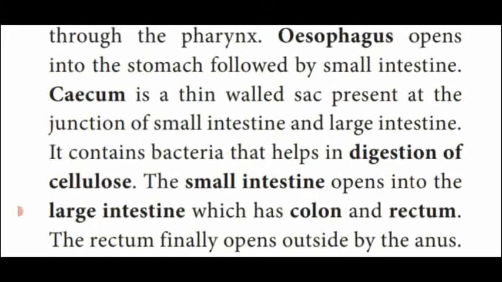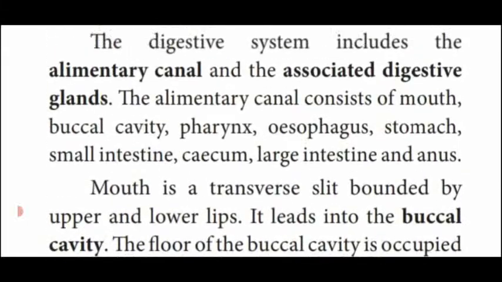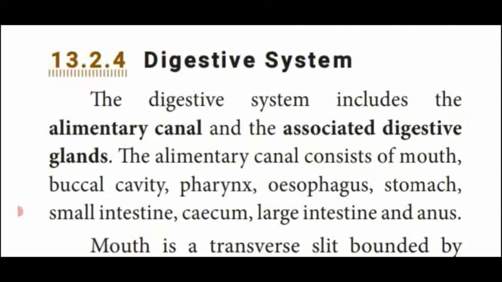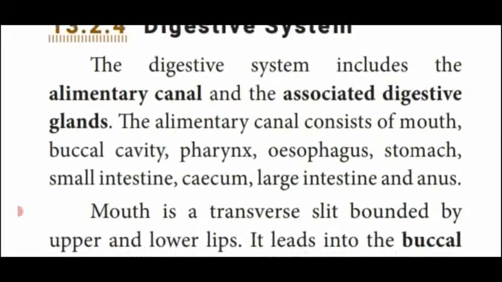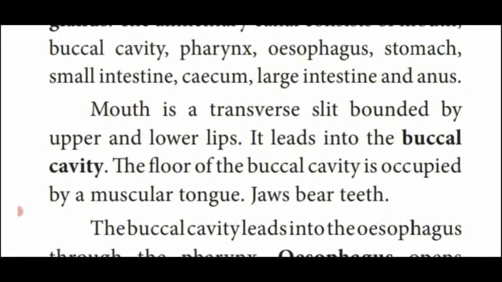So this is said to be the digestive system of rabbit. Everything is similar to what is present in our body, though they show some variation. It consists of the alimentary canal and digestive glands, starting from the mouth to the anus. The mouth is divided into upper lip and lower lip, and leads to the buccal cavity.